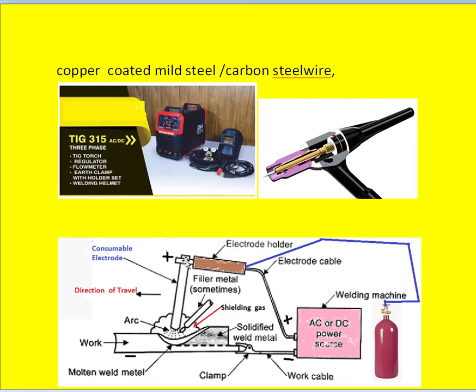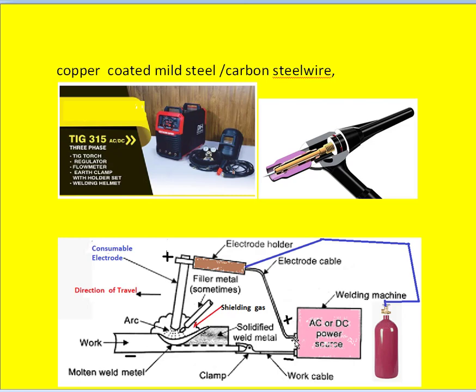Here we have the consumable electrode, that is the wire electrode, and the movement of this electrode is from right to left. Here there are two sheets to be welded. One will be like this, the other beside this. There is another workpiece, and those two are to be welded. And this is the electrode holder, and this is the supply.